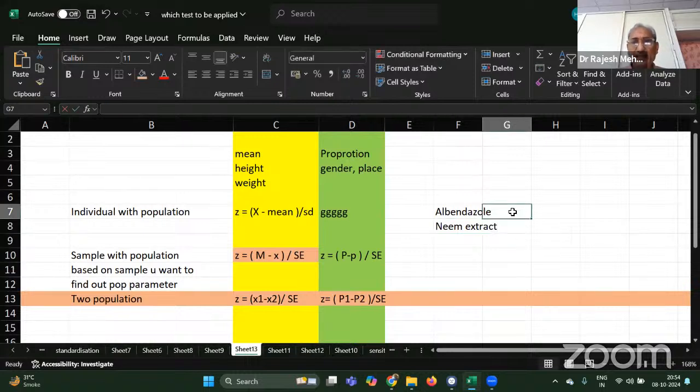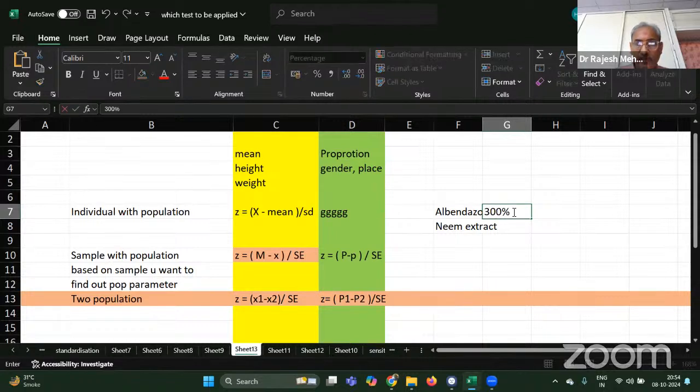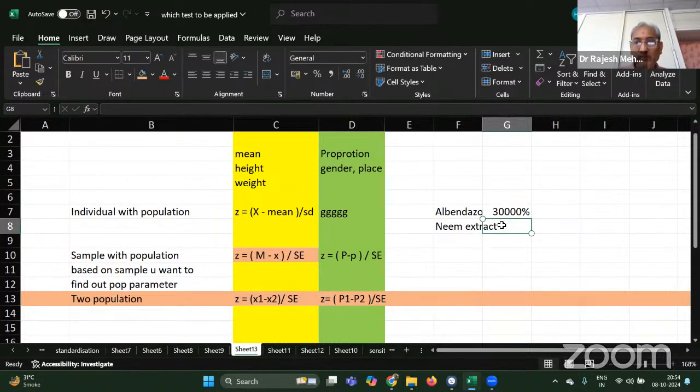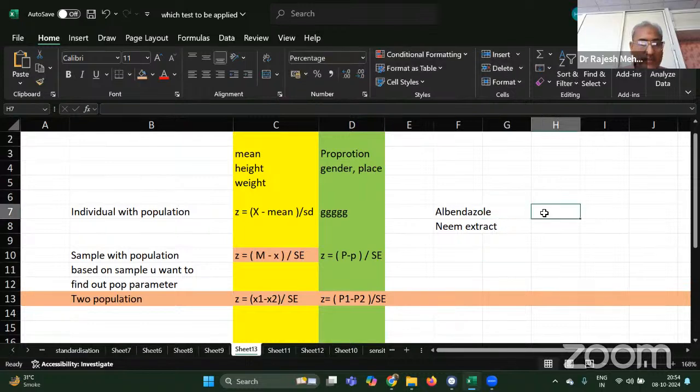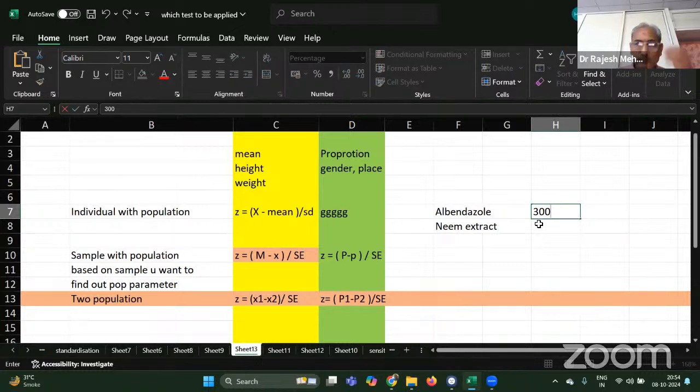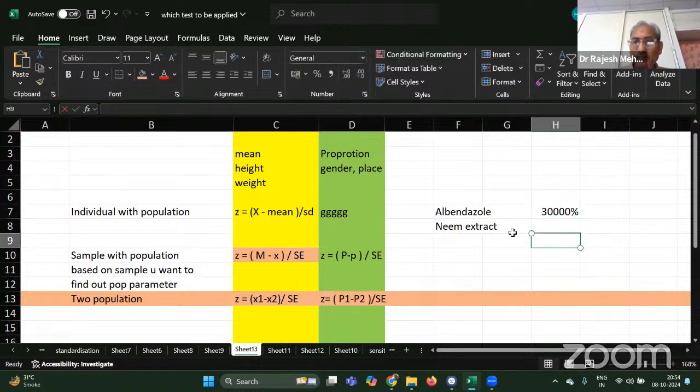And in this case, suppose the sample size was the same in both the groups, 300 over here, sample size 300.